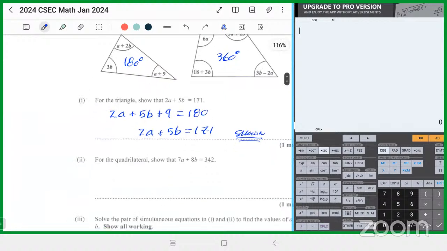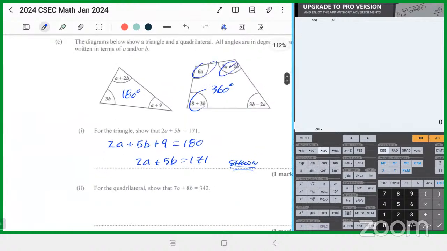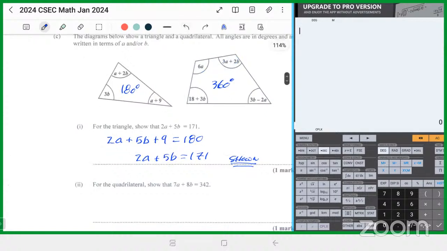And then in the case of the quadrilateral, they want us to show this equation now. So again, the sum of these four angles would be 360 degrees. So again, we can use the approach of adding up all the terms in a, which would be this one and this one. Those are the terms in a. So these two will be 6a minus 2 here. These are 7a. So if you add up all of those, we're going to get 7a.